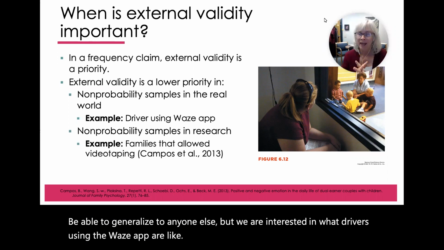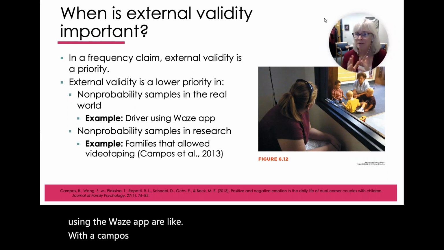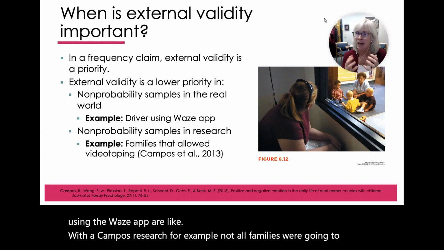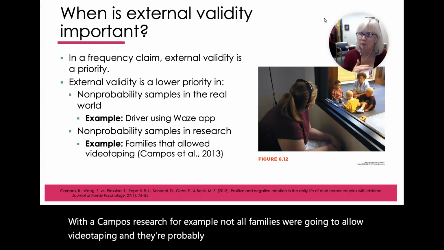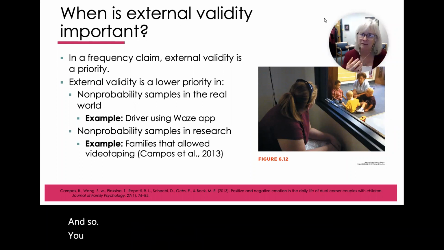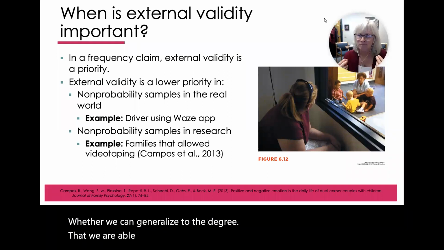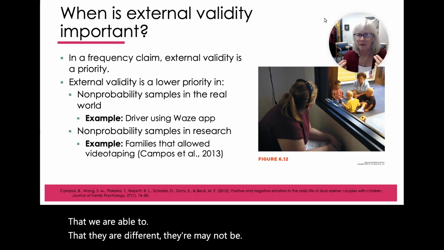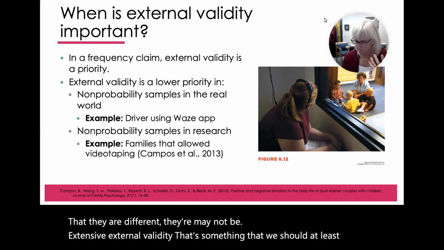With the campus research, for example, not all families were going to allow videotaping, and they're probably somewhat different from the ones that didn't. And so, whether we can generalize, to the degree that they are different, there may not be extensive external validity. That's something that we should at least be aware of.